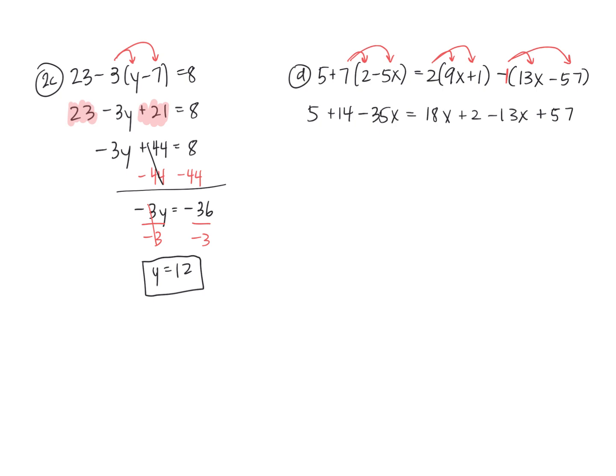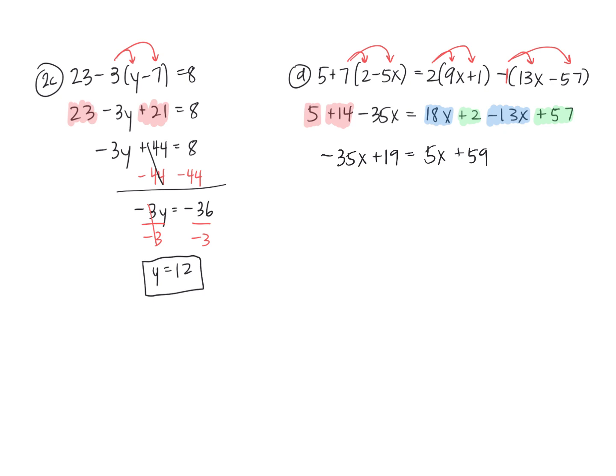And so now we will combine like terms. On the left, we have a negative 5 and a positive 14. On the right, we have 18x and a negative 13x that will combine. And we have a 2 and a 57 that will combine. So from that, we will get negative 35x plus 19 is equal to 5x plus 59.